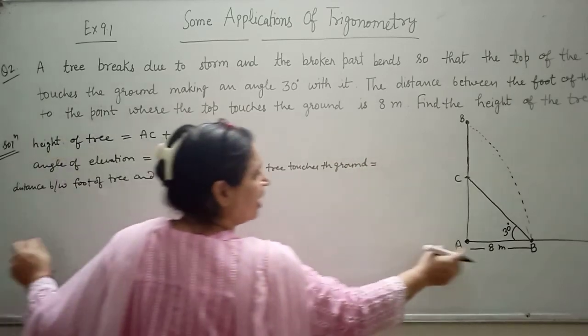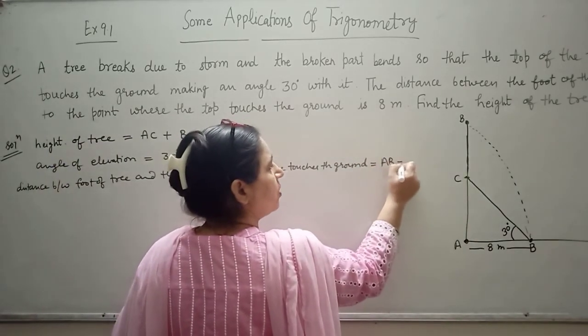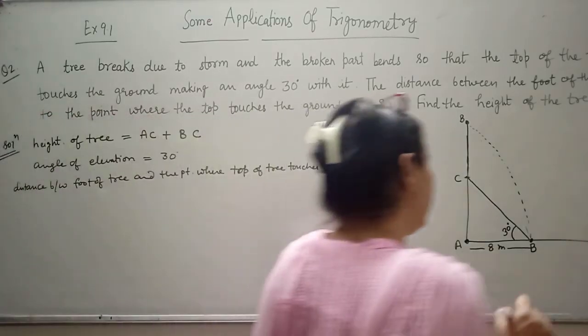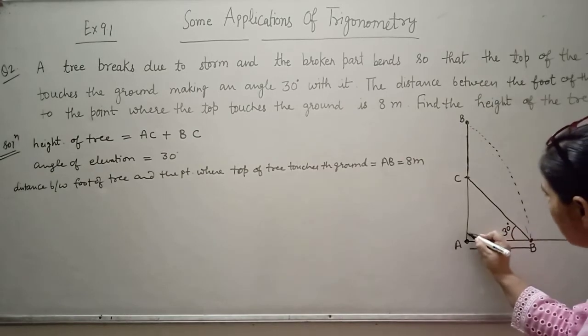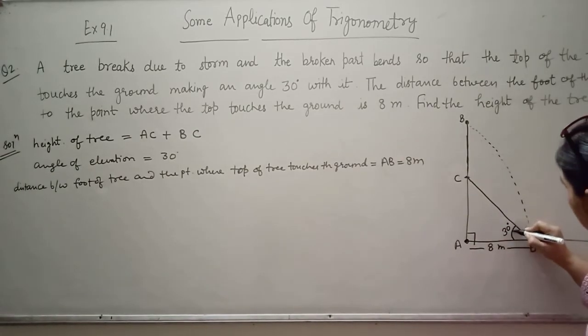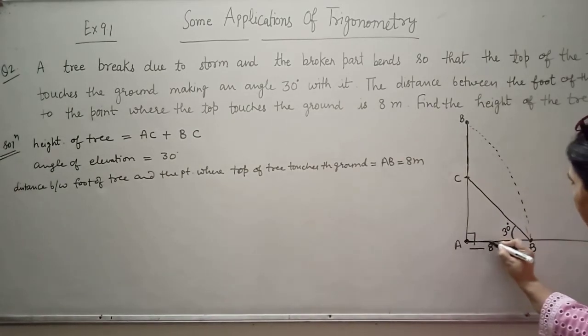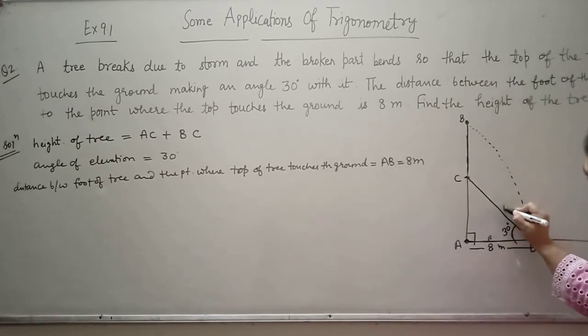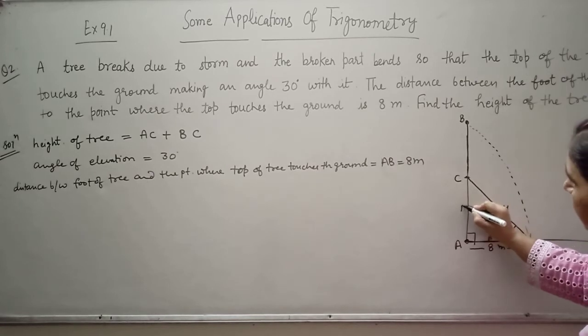That is equal to AB and that is equal to 8 meter. Now you can see here, this is your angle of elevation, so this is your base, this is your hypotenuse and this is your perpendicular.